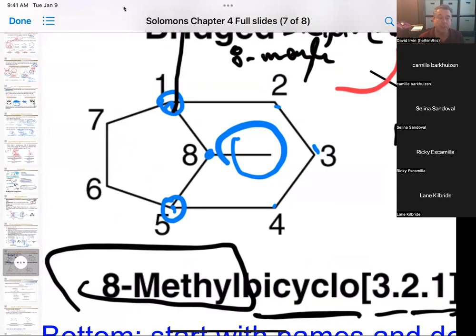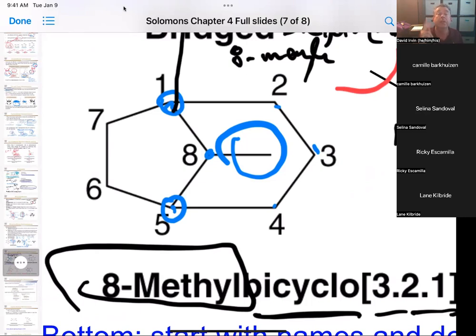Our next largest bridge is 6 and 7, that's 2 carbons. And then our third bridge is carbon number 8. In this case, our substituent has to be on carbon number 8. It doesn't matter that the substituent is not on the lowest number, because we must label the longest bridge first, the second longest bridge second, and the third longest bridge third.